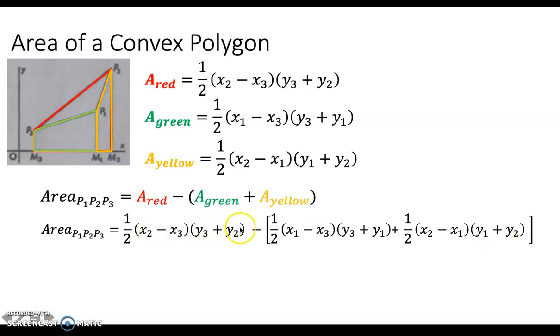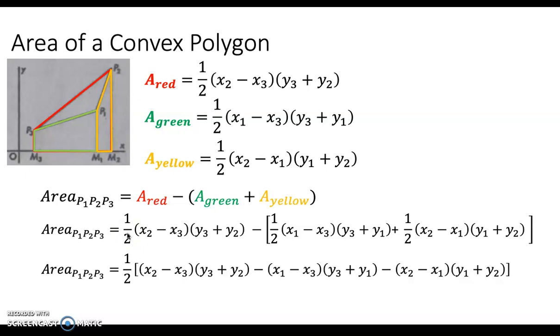Simplifying the expression, we distribute the negative sign here. So this would be minus 1/2 times the quantity of x sub 1 minus x sub 3 times the quantity of y sub 3 plus y sub 1. And then distribute again the negative here, so this becomes minus. Since all of them have a factor of 1/2, we can simply factor out 1/2.